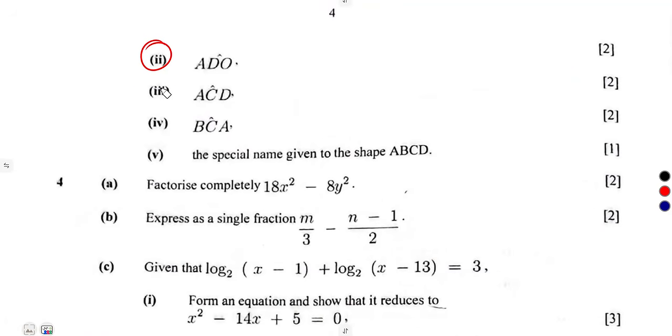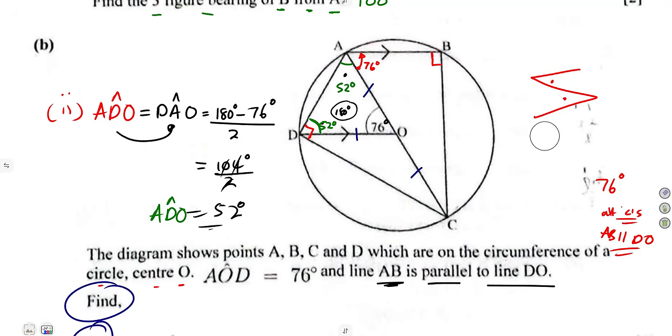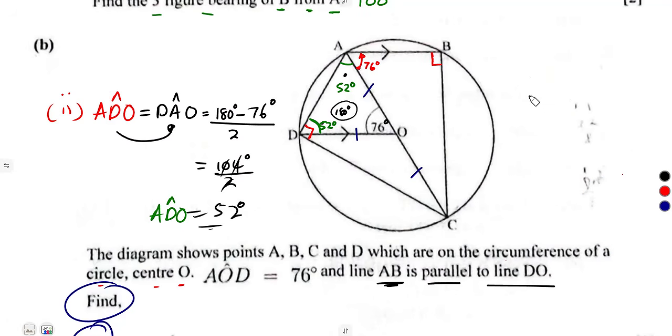Let us consider another one, item 3, ACD. With these angles that we have calculated, we just need to find all the remaining angles. So ACD is the one that we need, this one that we have here. Using this angle O, we can see that this chord AD is creating the angle at the center.